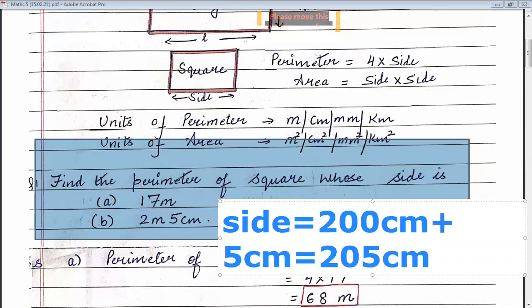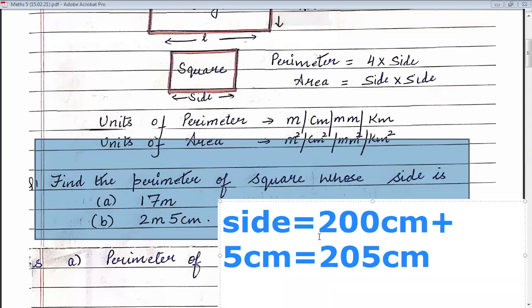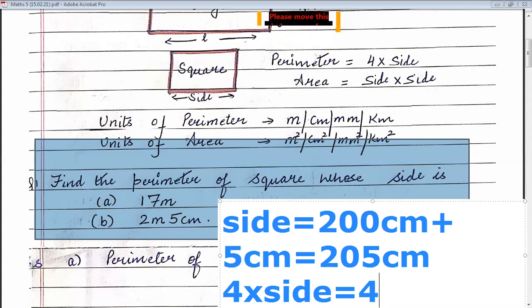So now, children, what is your side here? 205 centimeters. Now it's a very easy thing. You have to find the perimeter, and the formula is again the same, 4 multiplied by side. You have to multiply your given side with 4.